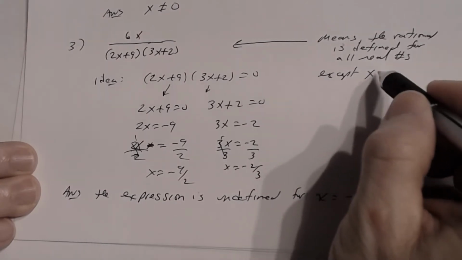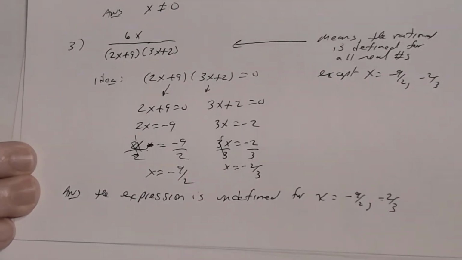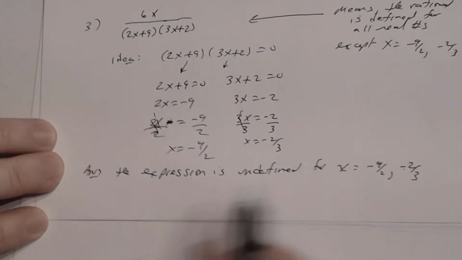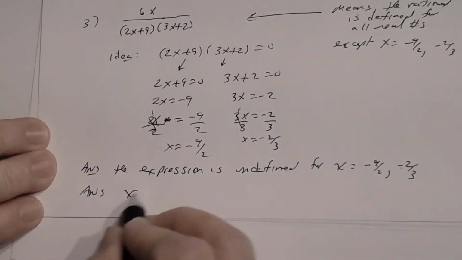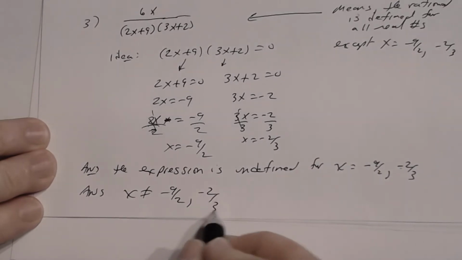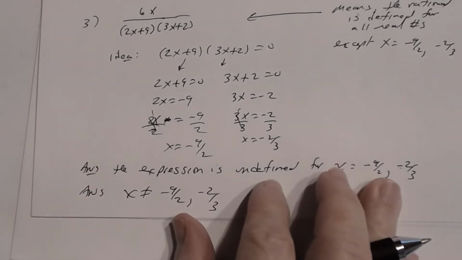So except x equal negative 9 halves, comma, negative 2/3. Now remember, another way you can write the answer is by saying x cannot equal negative 9 halves, comma, negative 2/3. All right. So that was number 3.